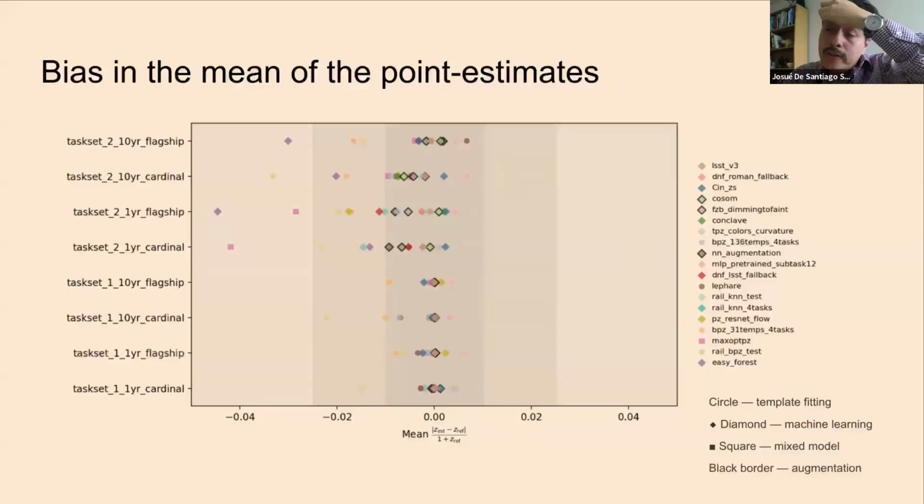Here I'm just showing you some of the other metrics. This is the bias of the mean. In all of them, we see the same behavior, that for the task set number 1, the submissions behave better than for the task set number 2.